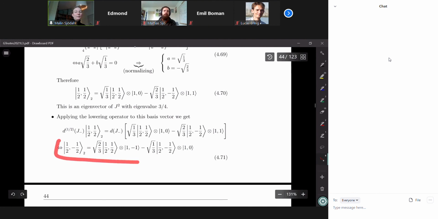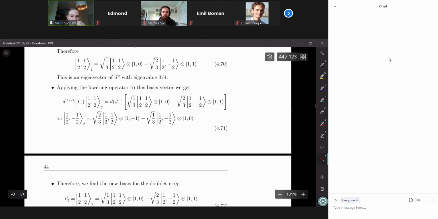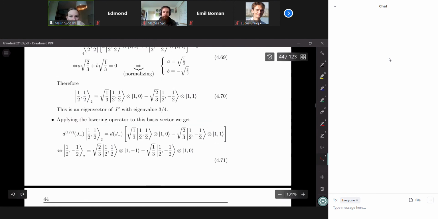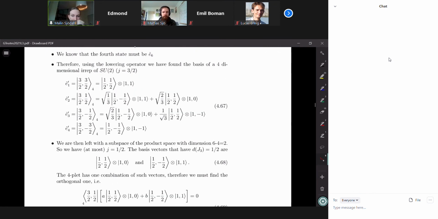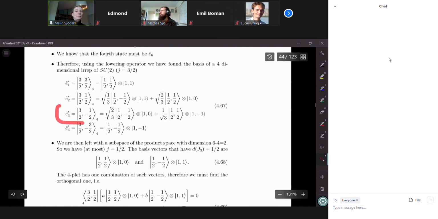And again, it's some algebra to obtain that it is this linear combination here. Alternatively, we could have found the same state by requiring it to be orthogonal to this guy. But actually, then we would have in principle a phase remaining.